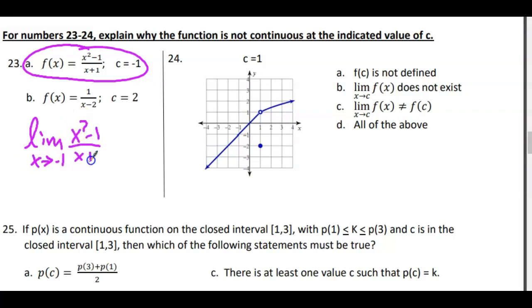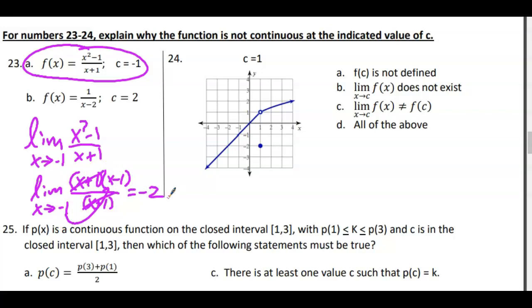We've already proven the function doesn't exist, but does the limit exist? Well, as you can see, we can use factoring here. And we can remove the discontinuity. And then we can do direct substitution to get negative 2.